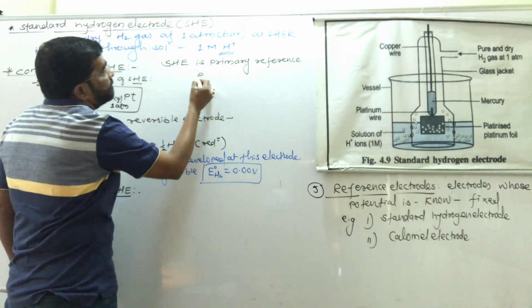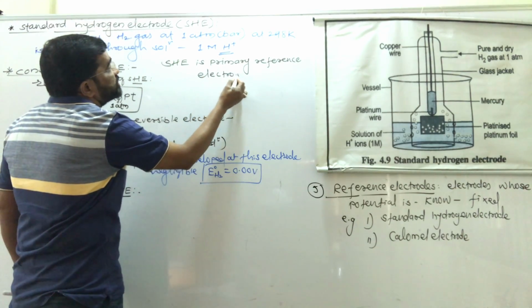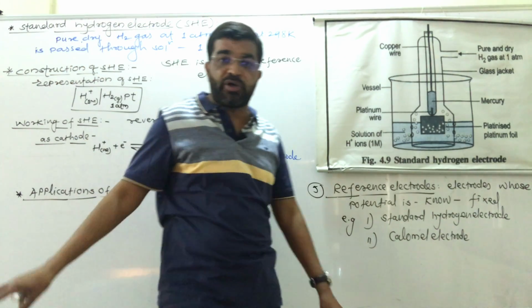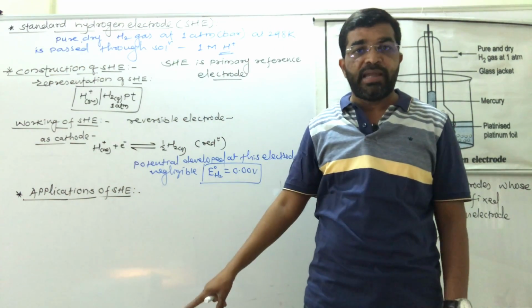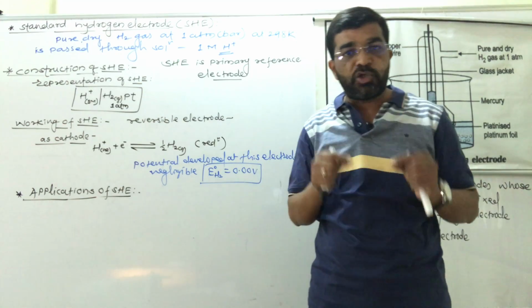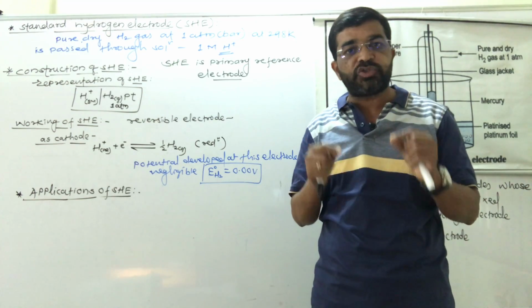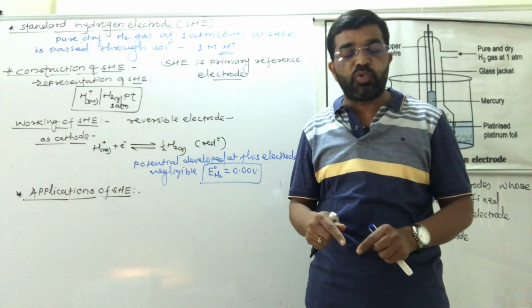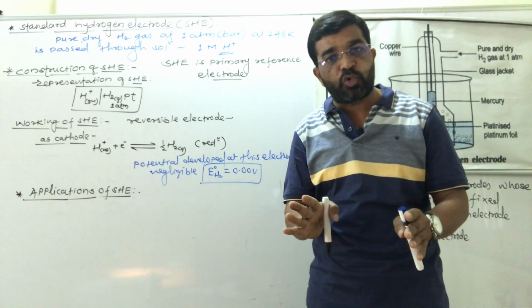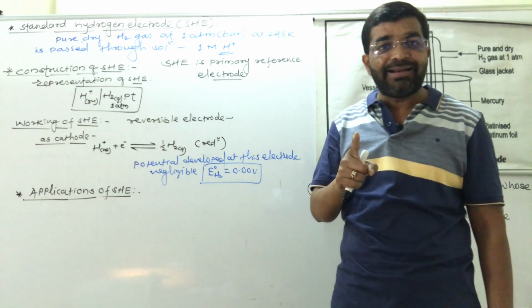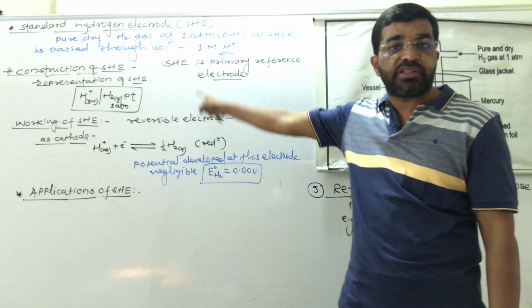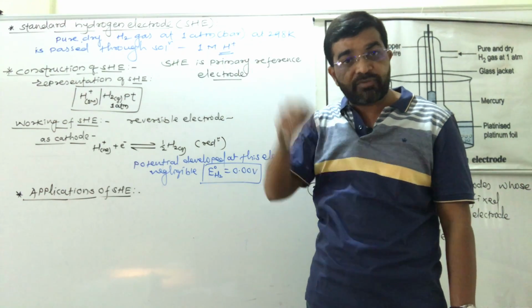It is a primary reference electrode because its potential is 0. And the values of reduction potential given in the reference book, in your textbook, of all other electrodes, all electrode potentials are determined by using this electrode as a reference.